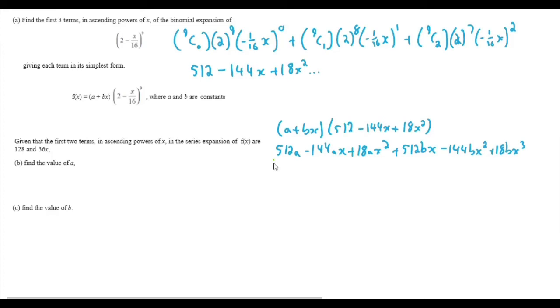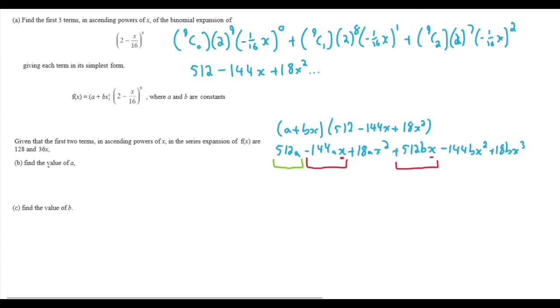Now what we're looking for here is the first 2 terms. So this will be our first term because it still doesn't have any x. And then for the second term, it's going to be the combination of this and this, because they are both terms which just have a singular x. They would be grouped together as like terms.